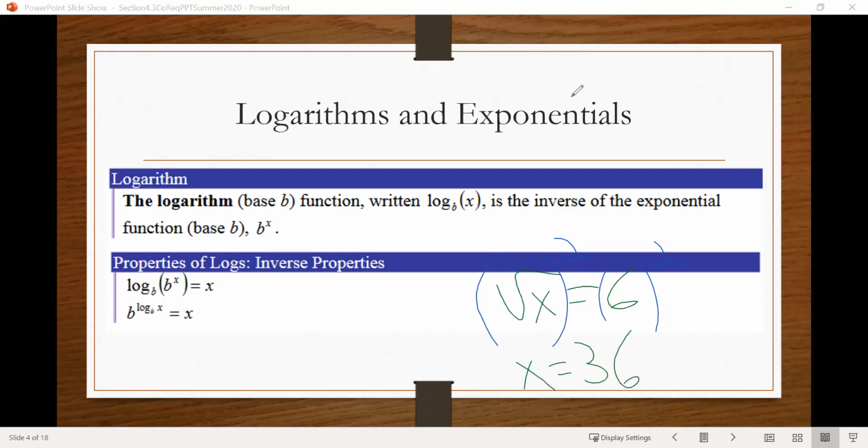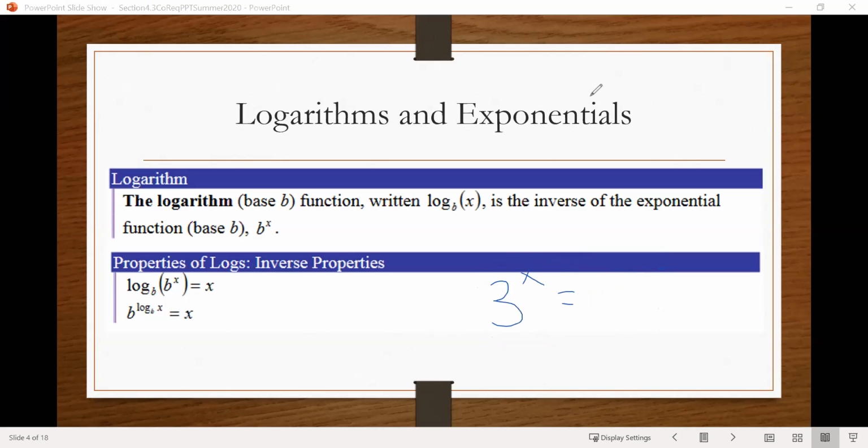Well, logs and exponentials have a similar property. So for example, let's say we were going to solve something like 3 to the x equals 27. We need to isolate that x. Based on what we see, logs and exponentials are inverses of one another.